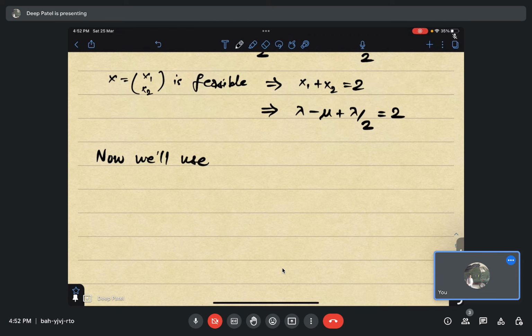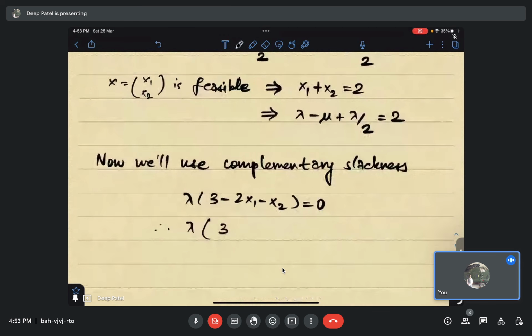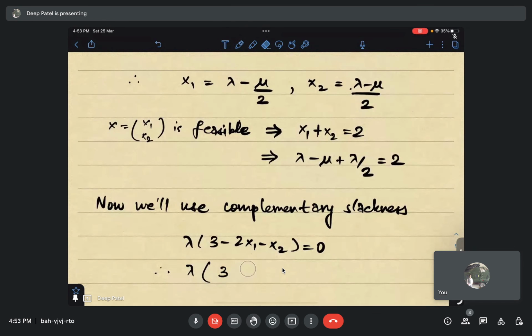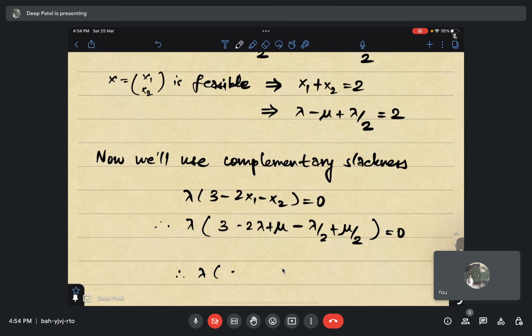So 2x1, which is nothing but mu minus 2 lambda minus mu, and you have minus lambda by 2 plus mu by 2. So what do we get?